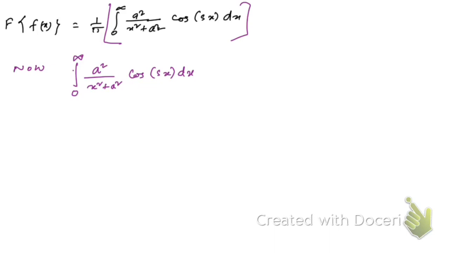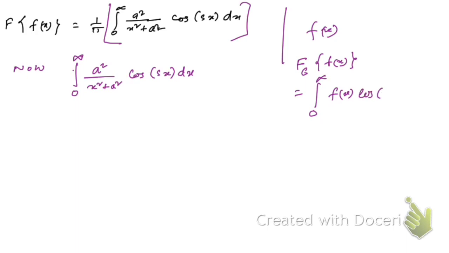So now suppose you have a function f of x, you need to find a Fourier cosine transformation. Then we used to write fc of small f of x is equal to integration from 0 to infinity f of x cos sx dx. Here in this case f of x is this one.